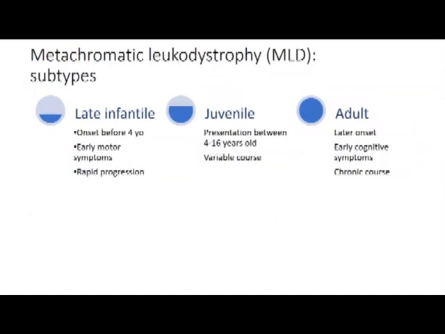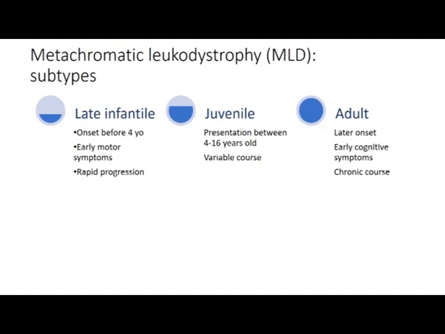Our understanding of MLD is that it is a spectrum disorder divided into various subtypes. The youngest children have the late infantile form, in the middle are the juveniles, and the oldest people affected by MLD at the time of onset are designated as the adult form of disease.